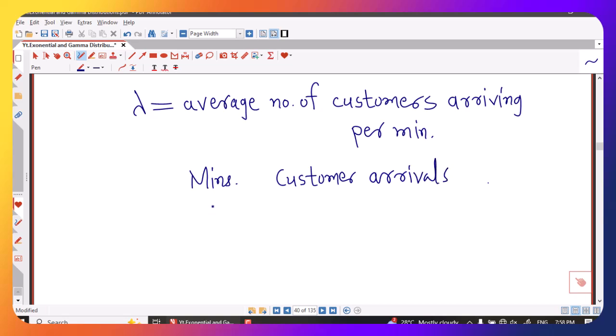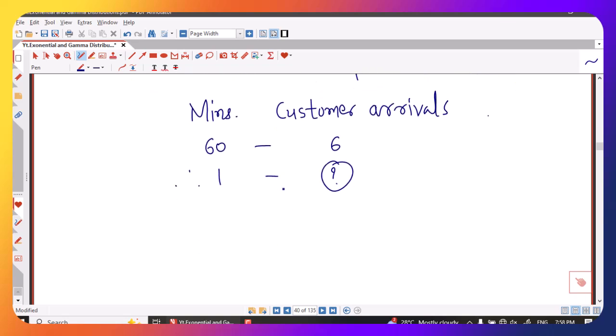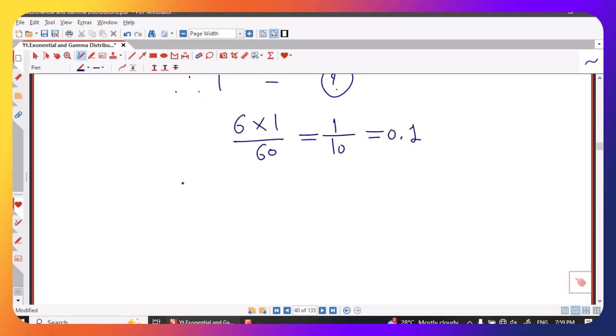In 60 minutes there are 6 customer arrivals. Therefore in 1 minute we have 6 into 1 divided by 60, that is 1 divided by 10, and that is equal to 0.1. Therefore lambda, which is average number of customer arrivals per minute, is 0.1.